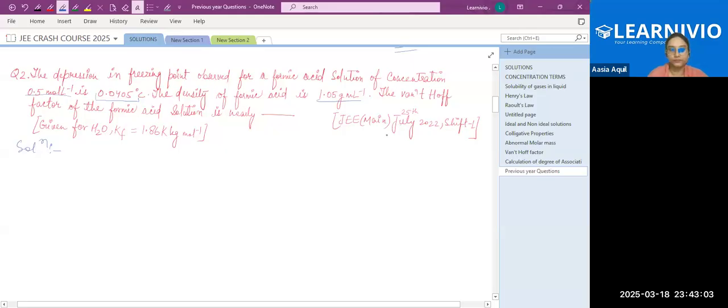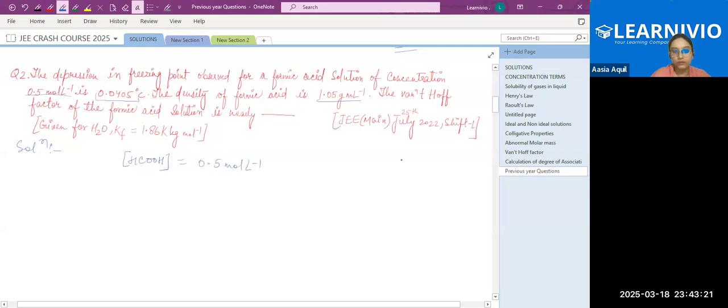Okay, solve it. So see, what is the concentration of formic acid given? The concentration is 0.5 mole per liter, right?